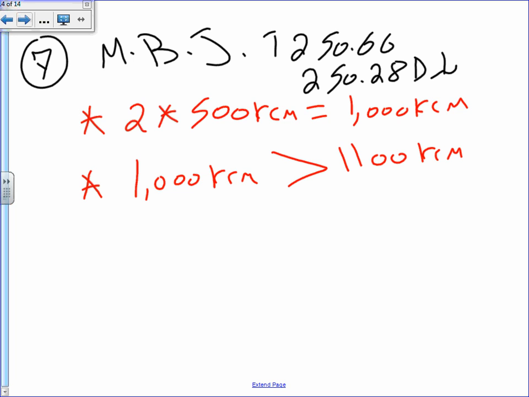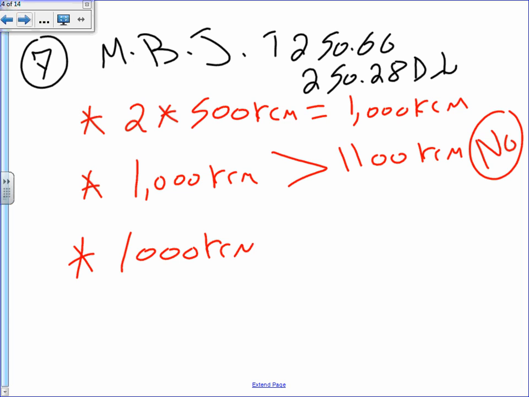What's the answer? Yes. And then you delete the yes, and you say no. If it's no, then all you have to do is take the 1000 kcmil, take it to 250.66.